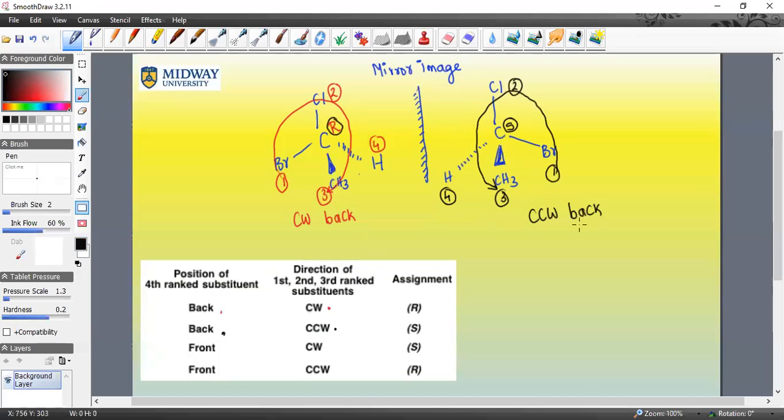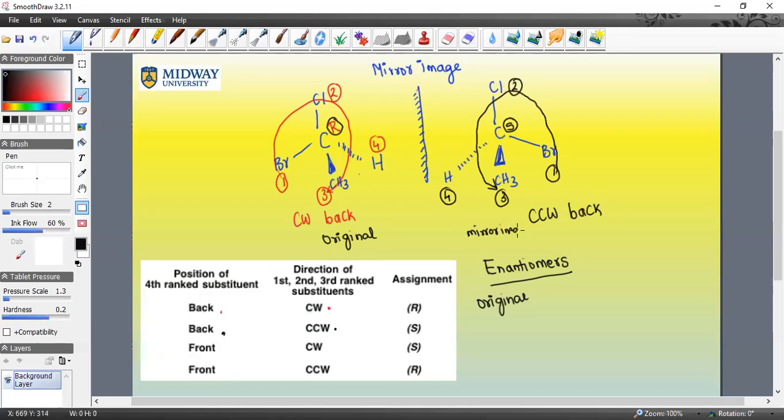Okay, so this brings us to an important concept called enantiomers. Whenever you have a molecule, and say the original is R, I'm going to call this my original, and this is my mirror image.